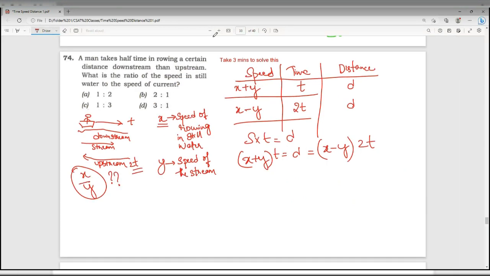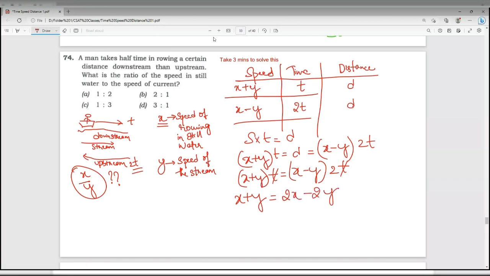So we have x plus y into t is equal to x minus y into 2t. We can cancel t here, and then we have x plus y is equal to 2x minus 2y.